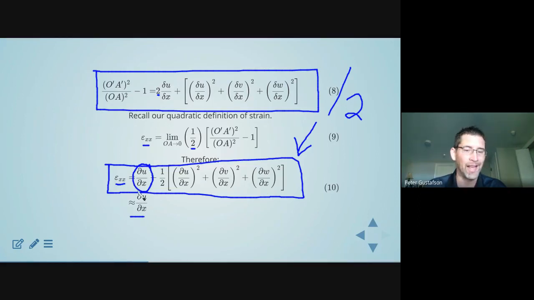We never highlighted that for you. The larger deformation version has this additional set of terms in it that was present previously, it just was negligibly small, because these small terms squared become negligible.